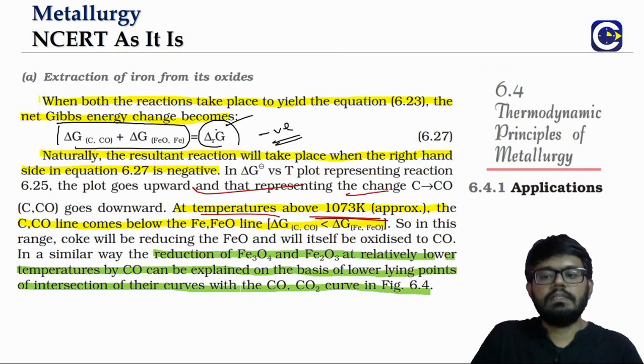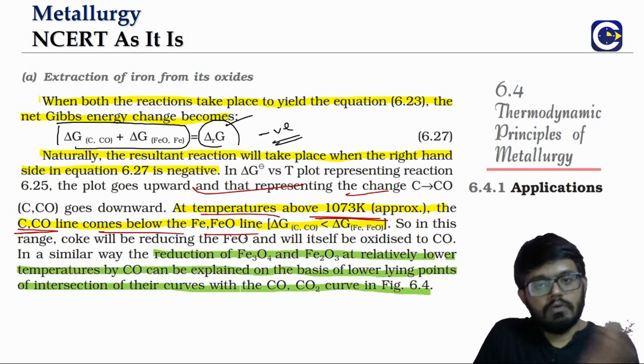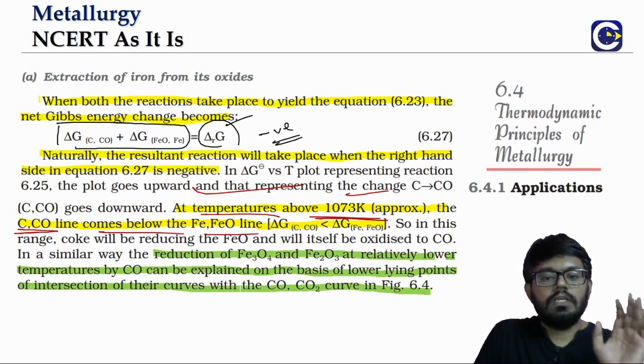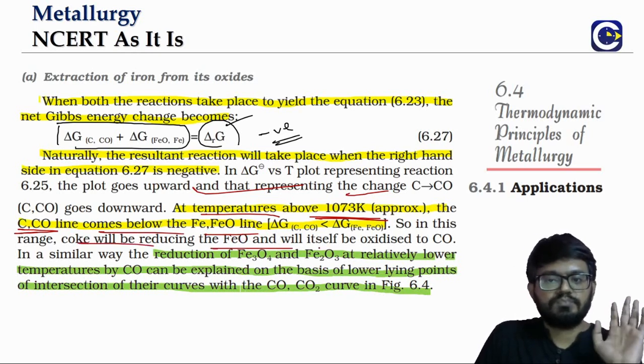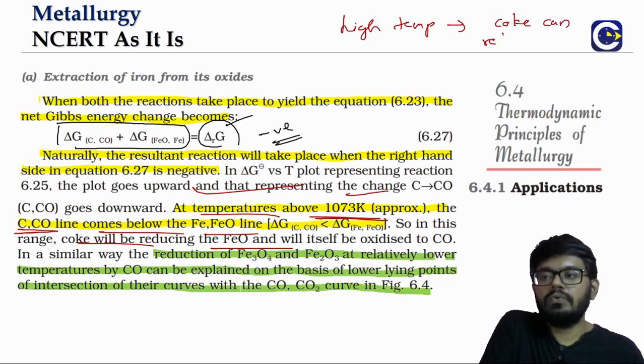At temperatures above 1073, we will see that the coke to carbon monoxide line comes below the iron oxide curve, which means above this temperature we can have the coke reducing the FeO. So in high temperature, coke can reduce FeO.